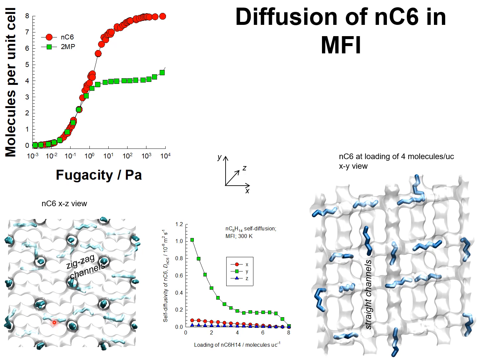And for that reason, the mobility of the molecule in the X and Z direction is practically 0 because of commensurate adsorption. The motion of NC6 is predominantly in the Y direction along the straight channels.